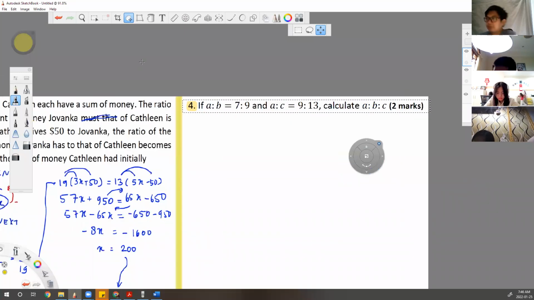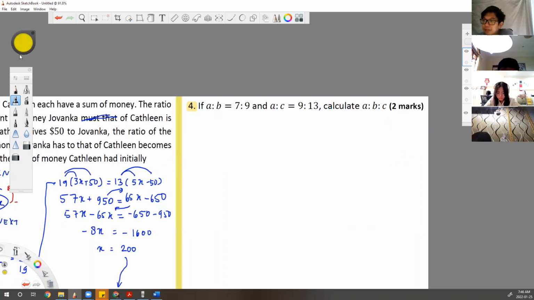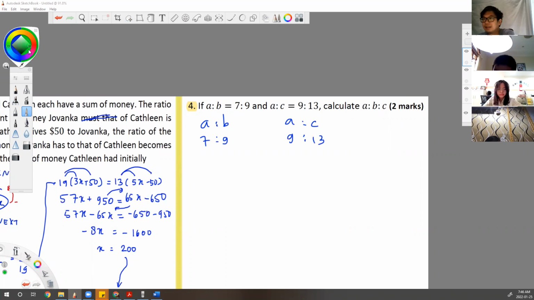Let's go for this question. Number 4, if A by B is 7 by 9, and A by C is 9 by 13, calculate ABC.